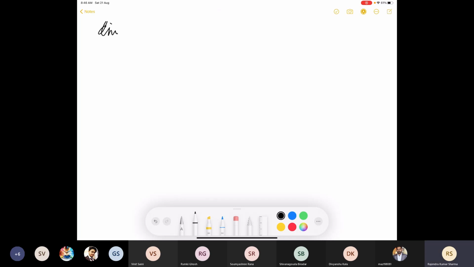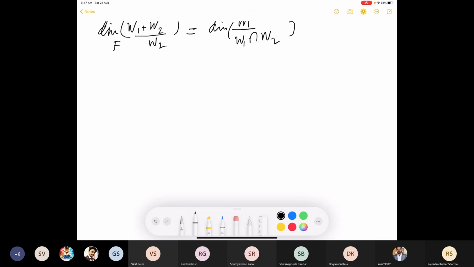So the dimension of W1 plus W2 by W2 is same as the dimension of W1 by W1 intersection W2 over F, since everything here is finite dimensional.